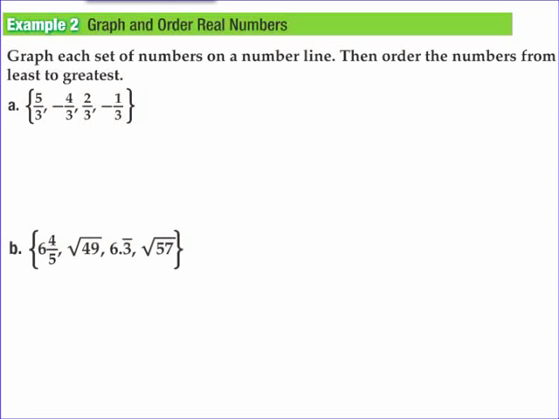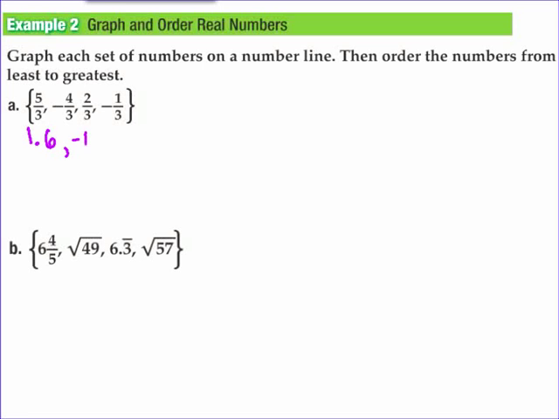So the best way to do this is to write these things as decimals. Okay, 5/3, and you could use your calculator for this if you wanted. If I were to divide 5 by 3, does anybody know what kind of decimal I'm going to get? 1 point something. You could use your calculator to get like 1.6 repeating. What about -4/3?